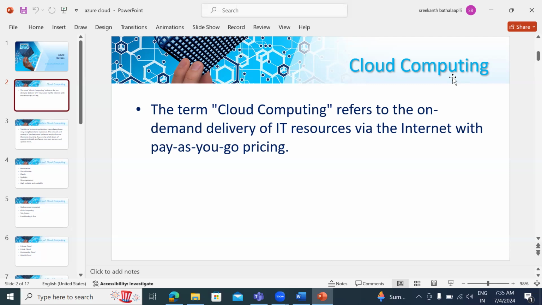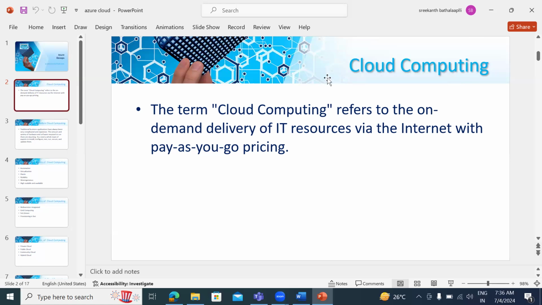Okay, so the term cloud computing refers to the on-demand delivery of IT resources. Whatever the IT resources, like hardware, storage, network, applications, ERPs, whatever we want, everything can be delivered by the cloud itself over the internet with pay-as-you-go pricing.